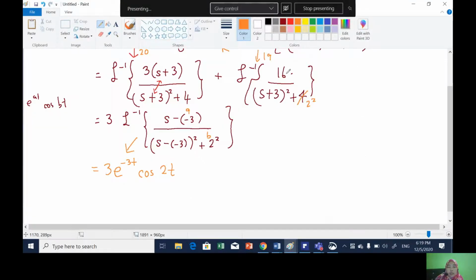So 16 is 8 times 2, and 8 will be factorized out here. I can write it like this: we want to find the inverse of 8 times 2 over s plus 3 squared plus 2 squared. You can put a minus here, no problem. If you're already familiar, there's no need to write the negative, but for explaining I will write it down directly: -3 squared plus 2 squared.